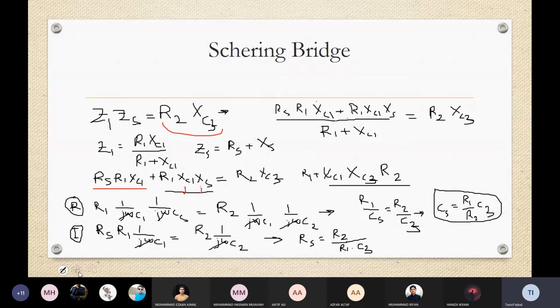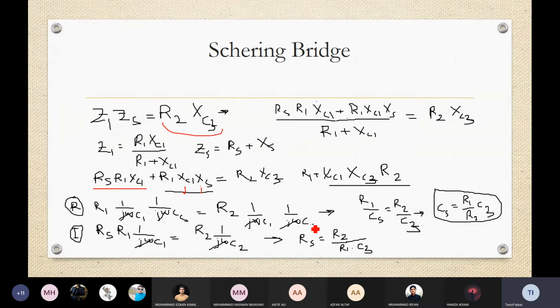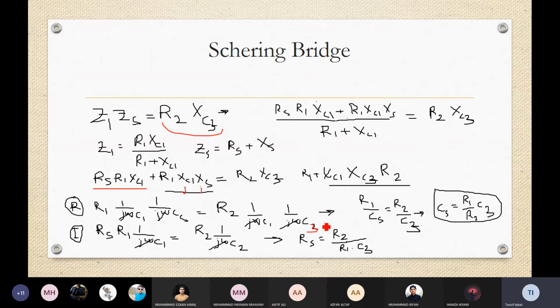Let me change it. This is basically XC3, because there is no C2, right? We don't have any C2, so we have only C3. Yeah.